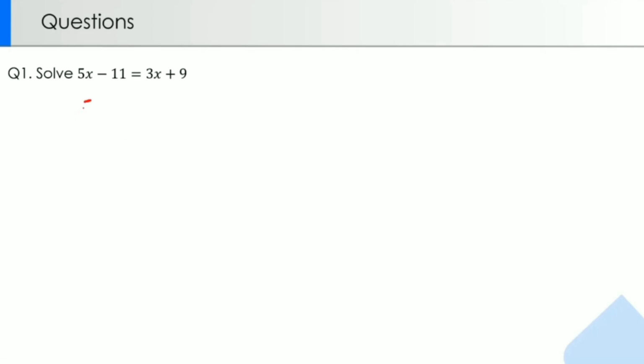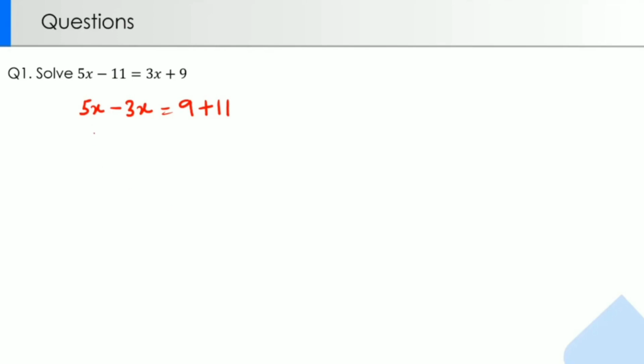We are going to write the terms which have x. So I can write 5x. Then this 3x is shifted to the left hand side, so I write minus 3x here. This equals 9. I'm shifting this 11 from the left hand side to the right hand side, so its sign gets changed. It will be plus 11. Now we can solve the like terms.